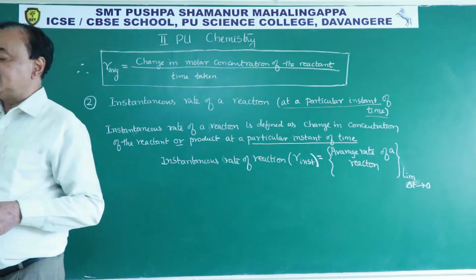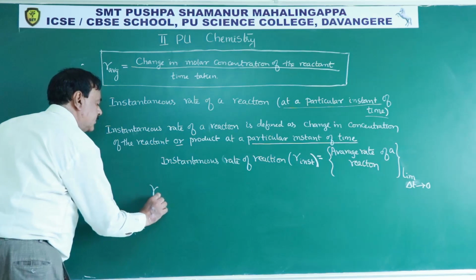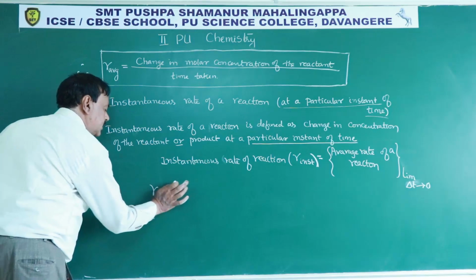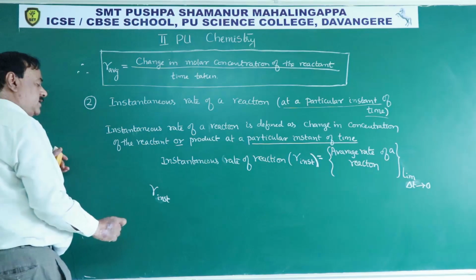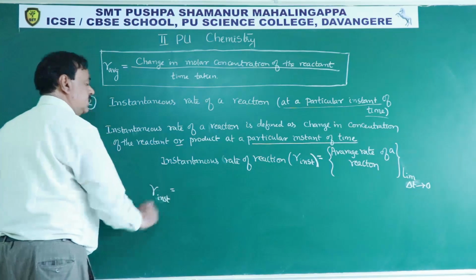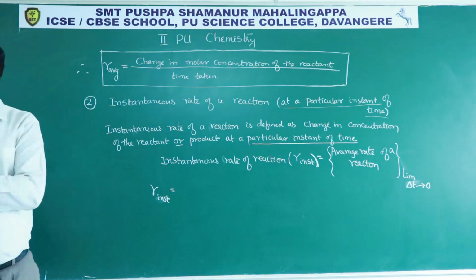Therefore, R instantaneous, the instantaneous rate of a chemical reaction, is given by the limit of the average rate of a chemical reaction as delta t tends towards 0.